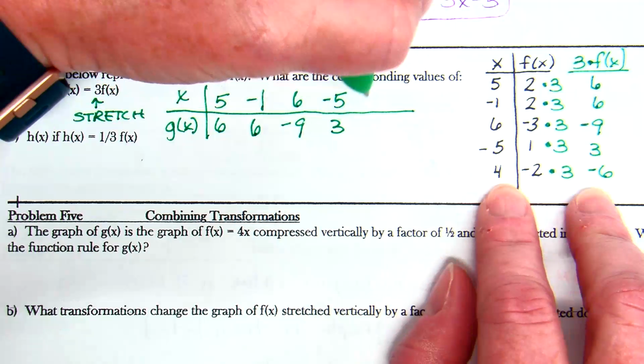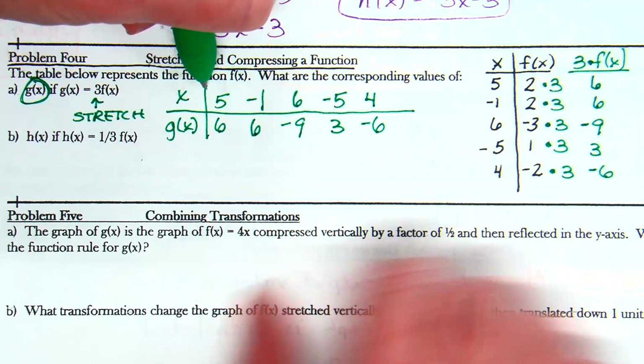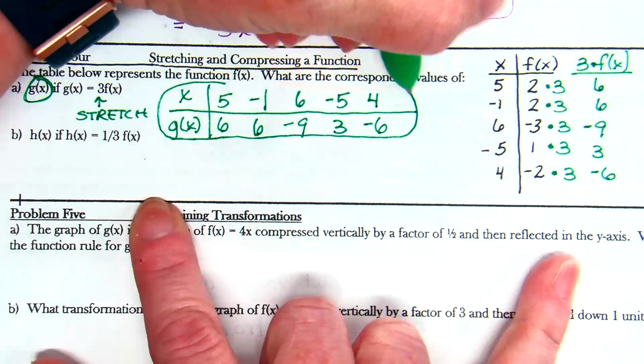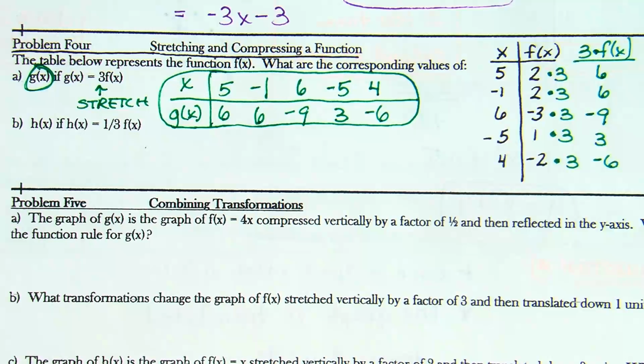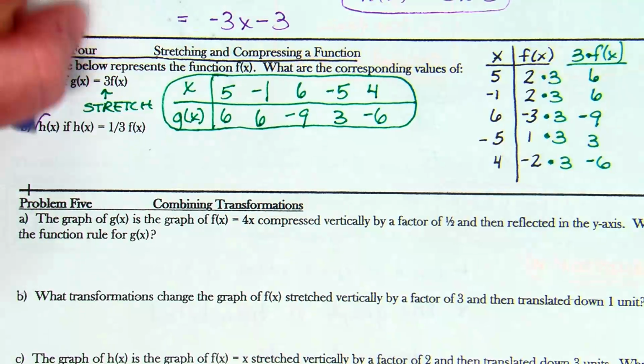Okay? Now, let's do B real quick before we run out of time. B says we're going to call them h of x. And what does it say h of x is? 1/3 f of x. What does that 1/3 mean? Yeah, this is going to be the opposite of a stretch.